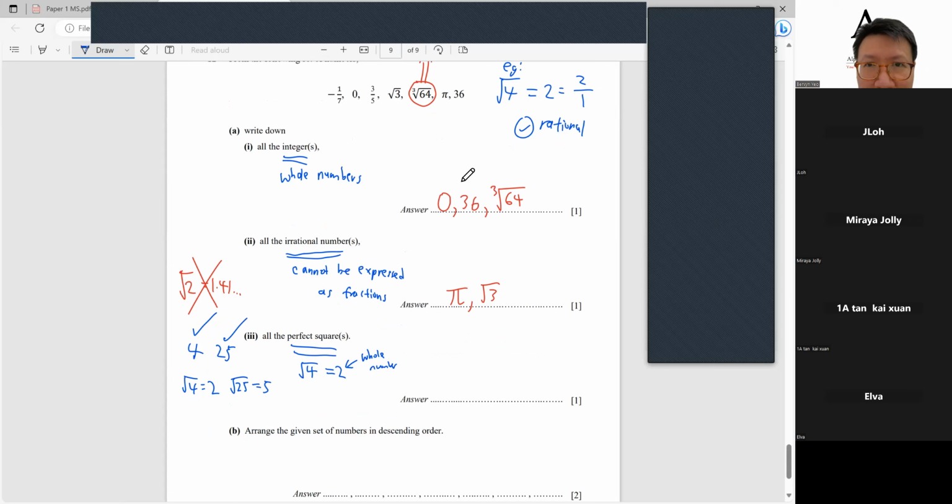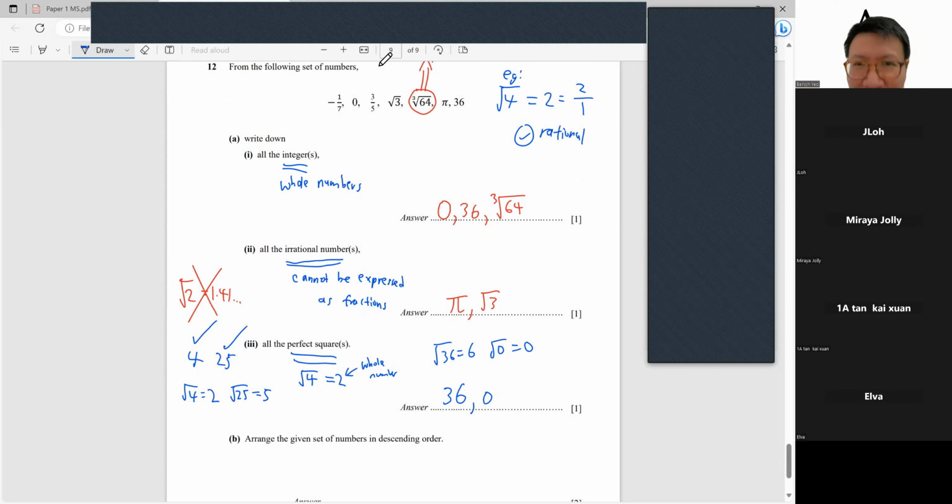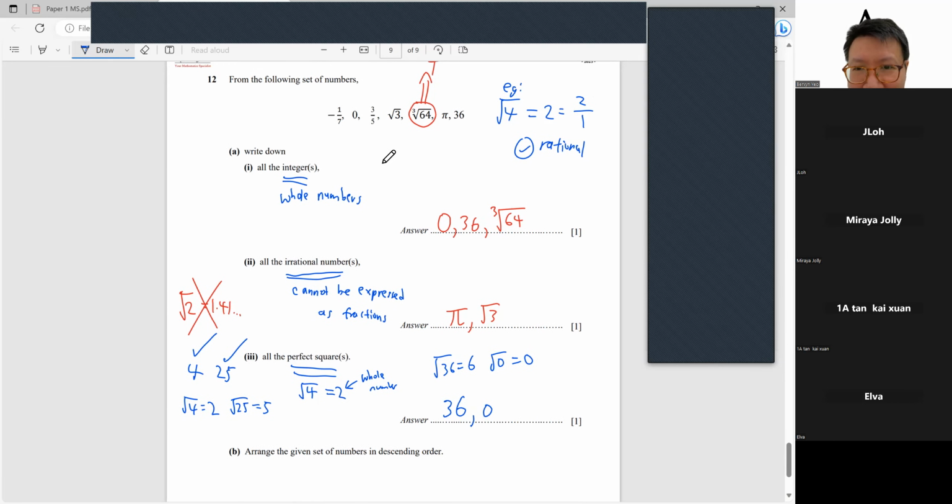Perfect squares. 36, right? Okay, 36. I need more. 0, right? Because square root 36 is 6. Square root 0 also a whole number. I need more. There's one more actually. There is also a perfect square. Okay, let me think for a bit.